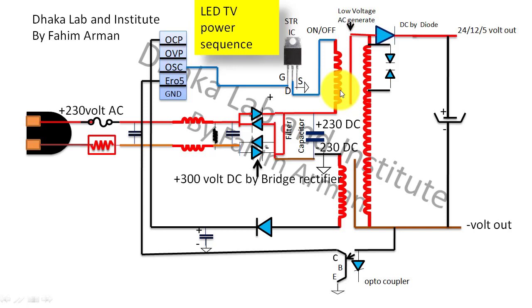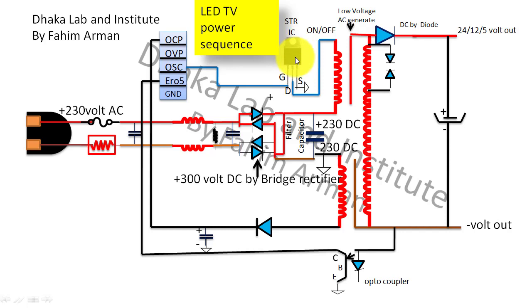But first you have to confirm its switching. This transformer will be switched by this STR IC or MOSFET. After switching by this MOSFET, this transformer will be powered on.